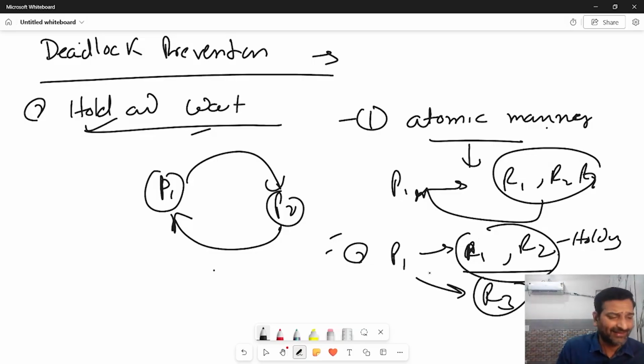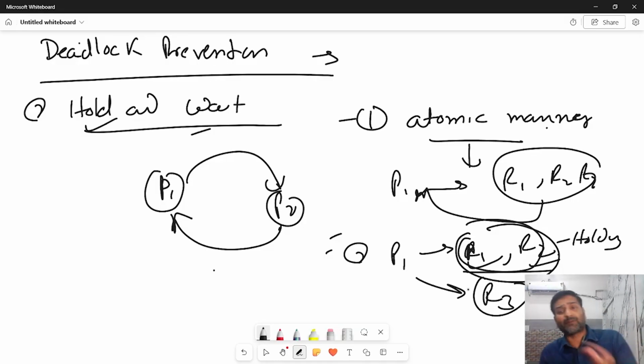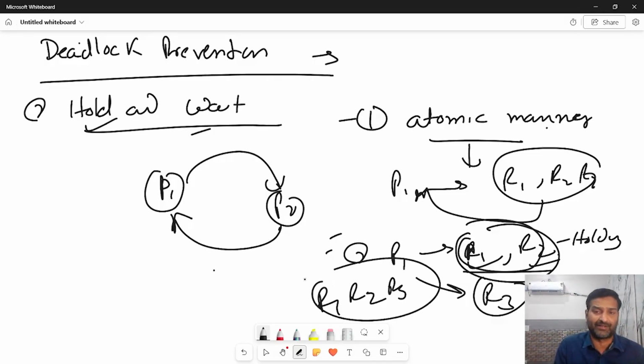So what it says is that we release all these resources held by P1, because right now it does not have R3, so I can release the resources R1 and R2 which are already held by P1. After releasing, I can provide all the resources R1, R2, and R3 together, or none.